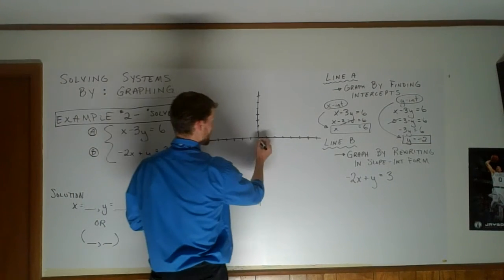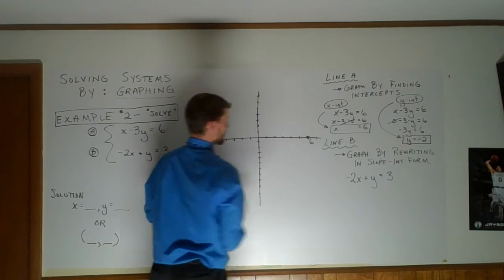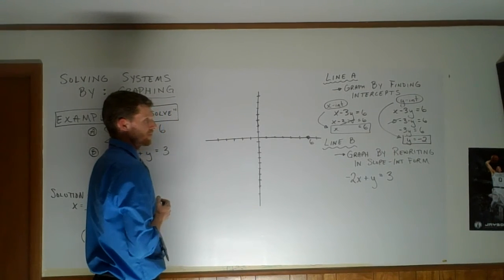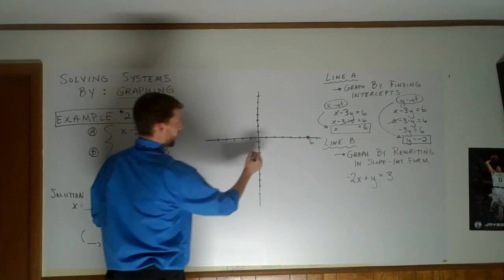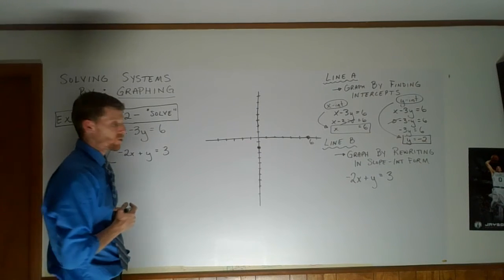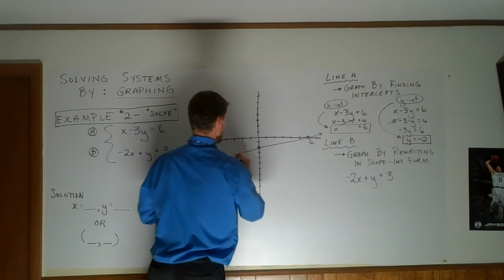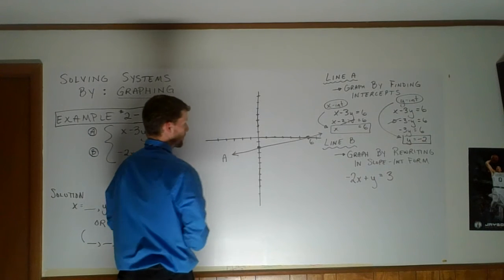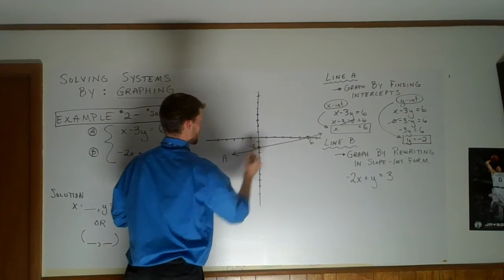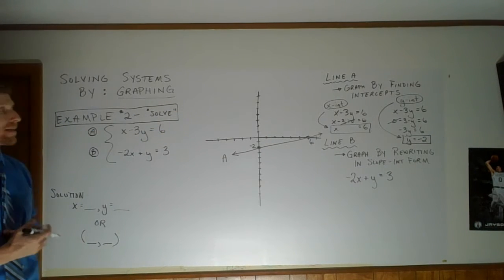So that x equals 6 shows up right there. That's the x-intercept. The y equals negative 2 shows up right there. That's the y-intercept. And this is line A. There's our negative 2 right there. So line A, by finding the intercepts, has been graphed.